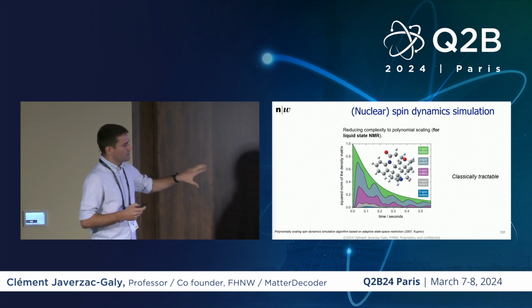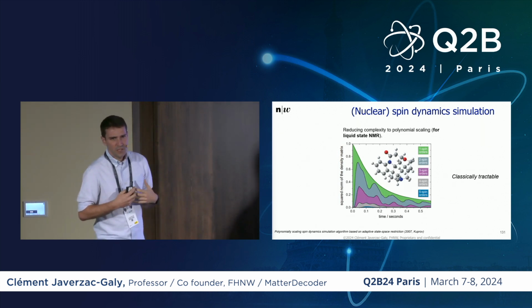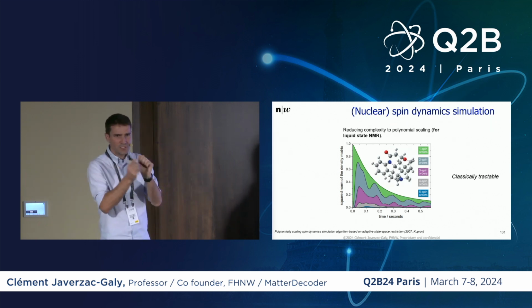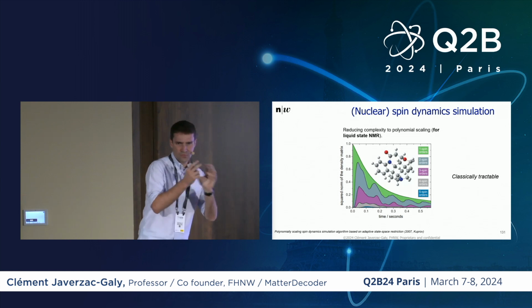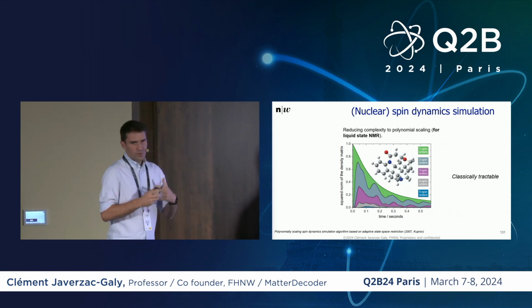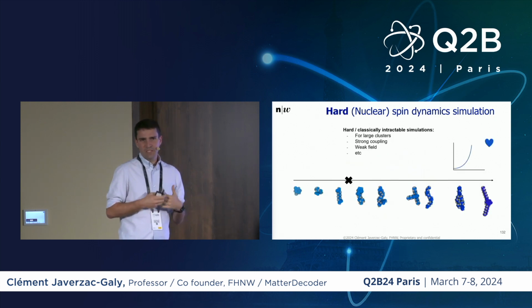This has already been used for 15 to 20 years to simulate even very large proteins by cutting them down into small clusters of, let's say, 5 spins. Though for more highly correlated systems, it has proven to be inaccurate.